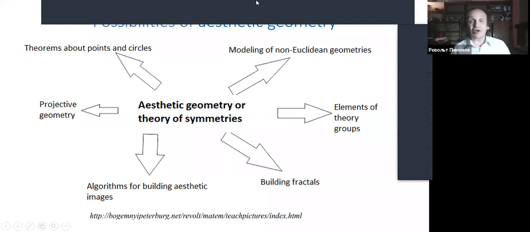It is a unified method of understanding for some sections of geometry, some parts of geometry, and maybe parts of math, with good examples of Fuchsian groups. Today I try to show modeling of non-Euclidean geometry.